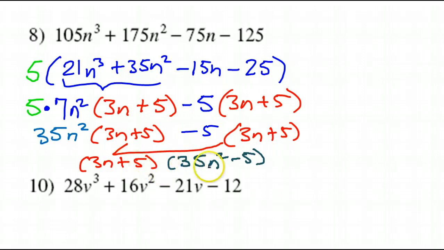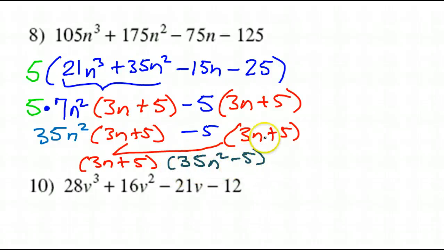Now, I need to look inside these parentheses and see if there's anything else I can factor. And I can factor this quadratic binomial a little bit. Can anybody see why I can factor this binomial? Yeah, the reason why is these two numbers are divisible by 5.